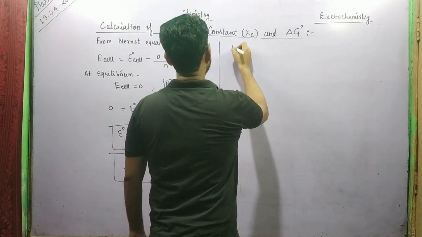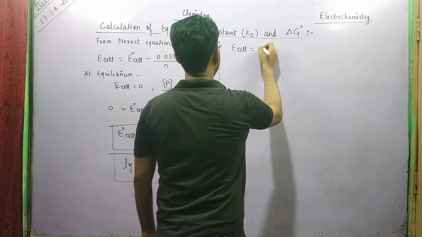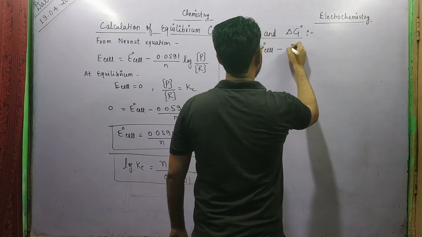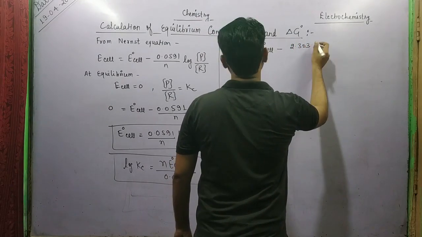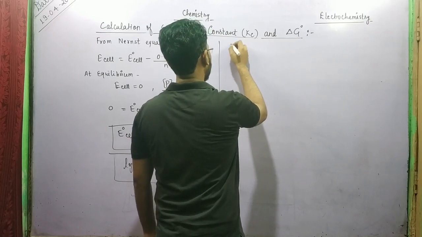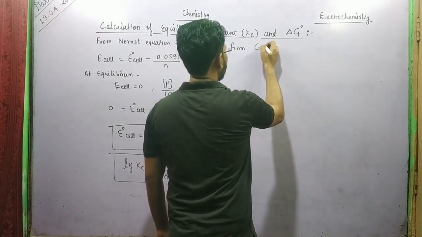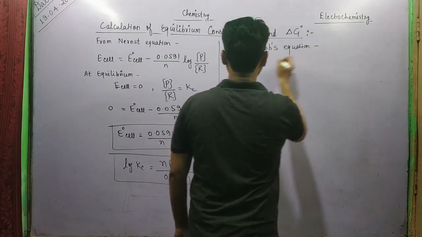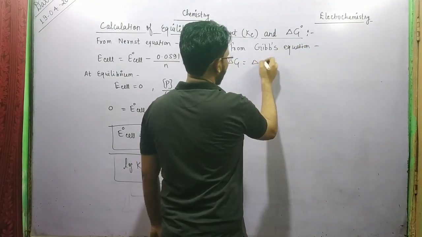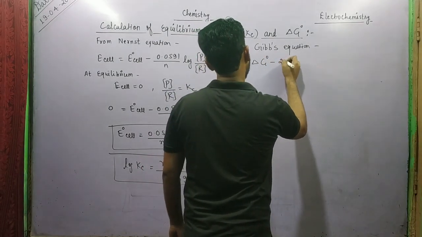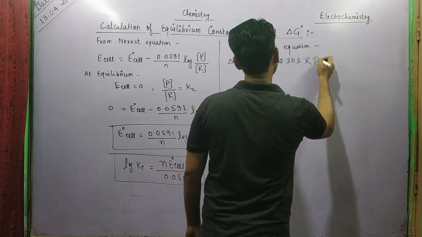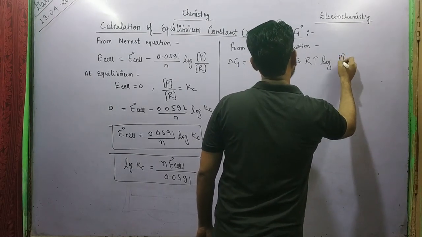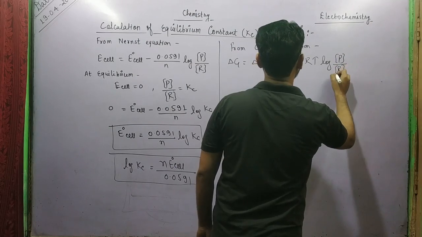Or, from the Gibbs free energy equation, delta G equals delta G naught minus 2.303 RT log concentration of product over concentration of reactant.